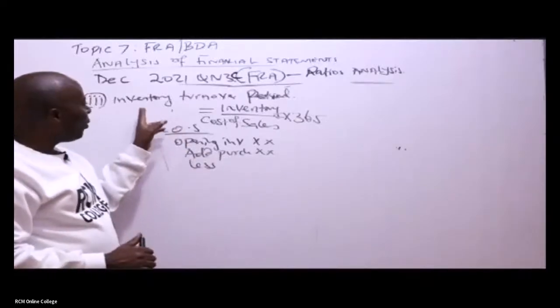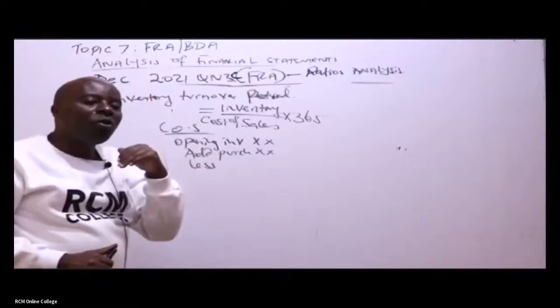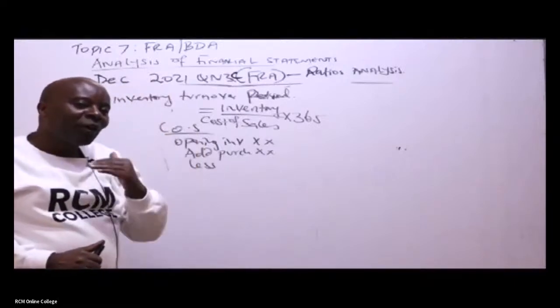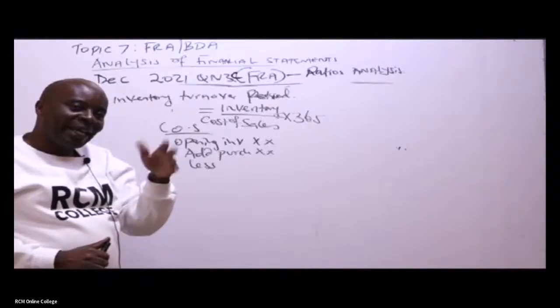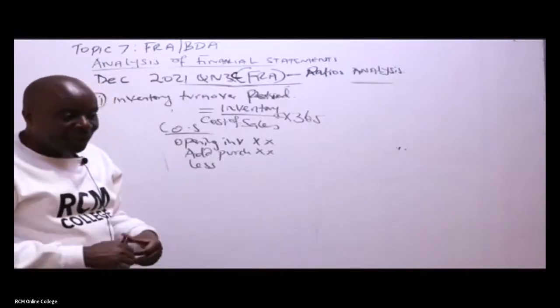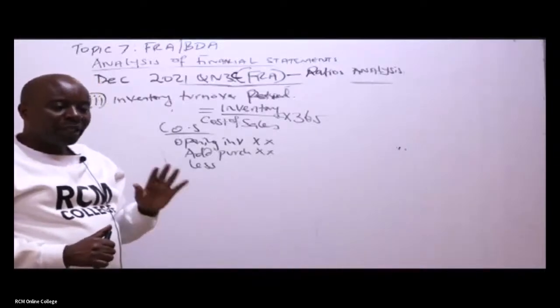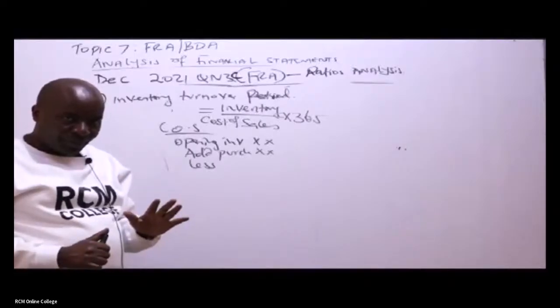So this is normally how we calculate inventory turnover. It is inventory over cost of sales times 365, period. A good student there is asking whether we consider what we call average inventory. Good question.